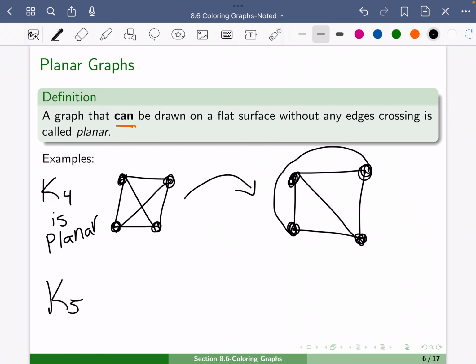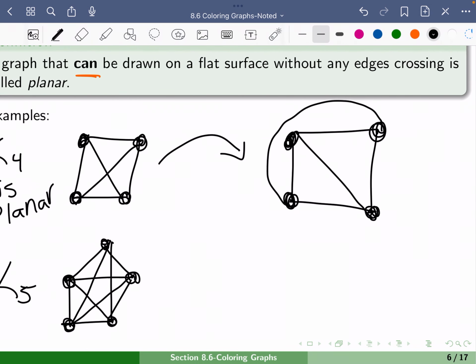K5, a complete graph on five vertices. Let's see what would happen if we tried to draw this so that none of the edges crossed.